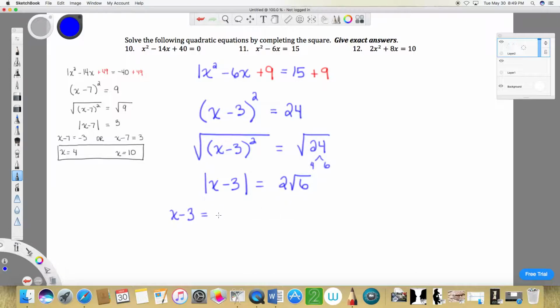X minus 3 is equal to negative 2 square root of 6, or x minus 3 is equal to positive 2 square root of 6. We have 3 minus 2 radical 6 is one solution, and 3 plus 2 radical 6 is the other solution.